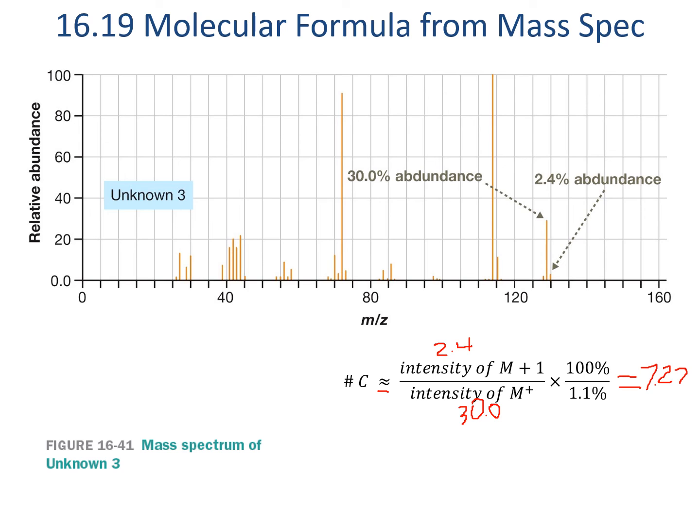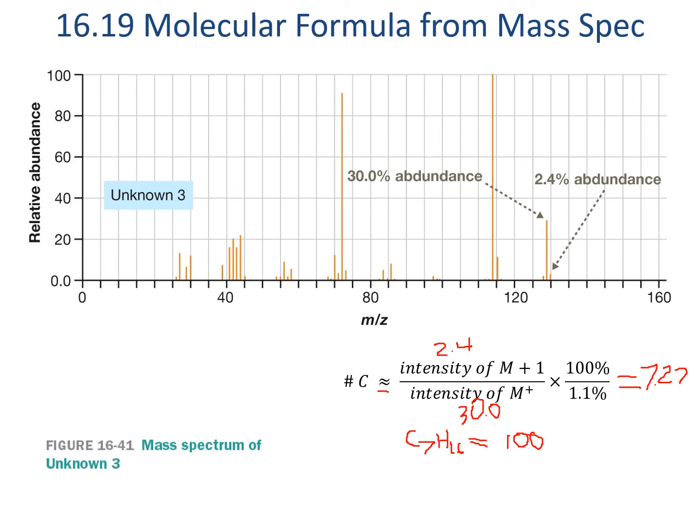From there, we can say, well, what would we expect if this was all carbons and hydrogens, like if it was a saturated molecule? If we had C7, we'd expect to have H16 for our overall formula if it was saturated, and that would give us 7 times 12 is 84, plus 16 is 100. So obviously that's too low.